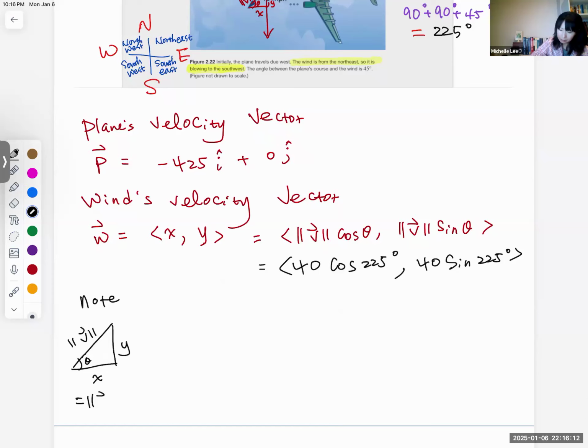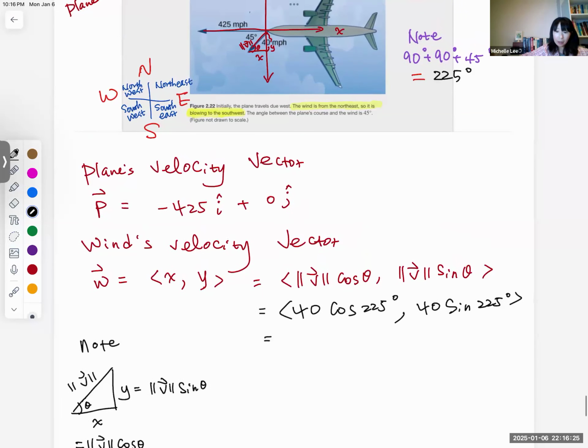So x is v cosine theta, and y is v sine theta. Cosine 225, which is 45 degrees in the third quadrant, gives negative square root of 2 over 2.